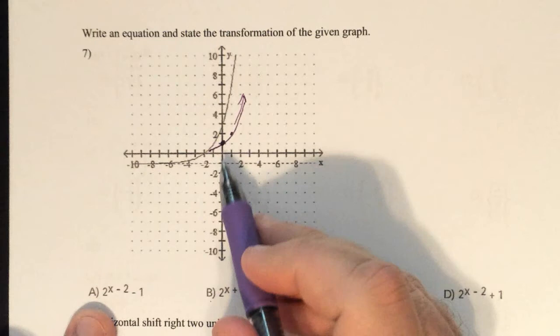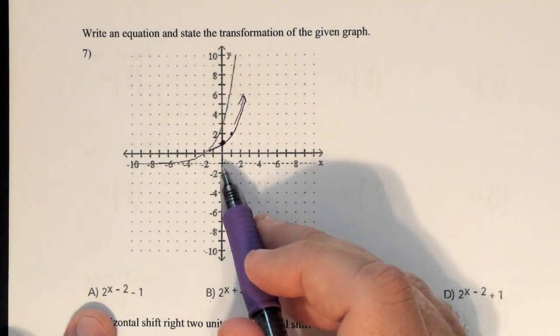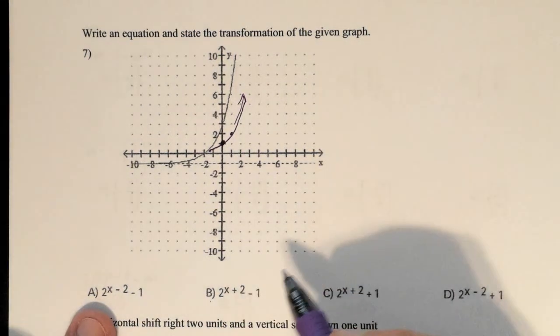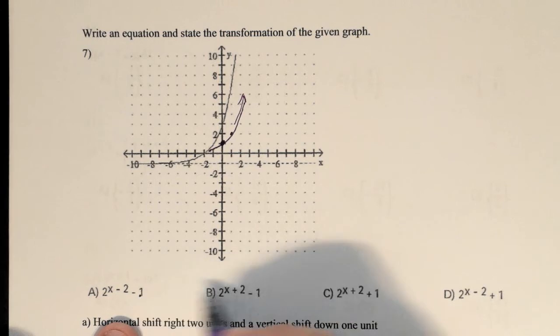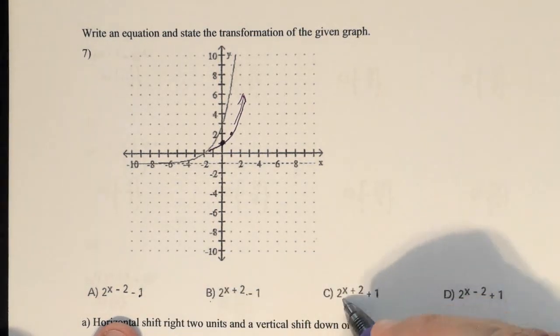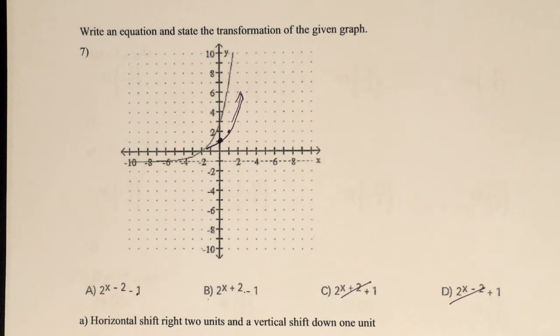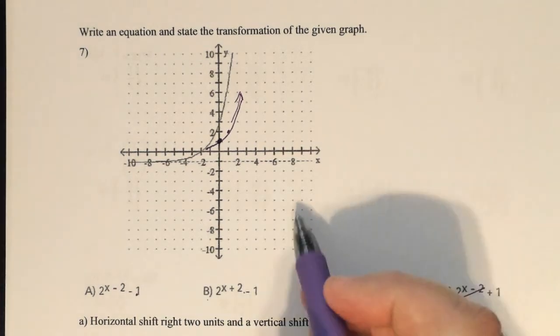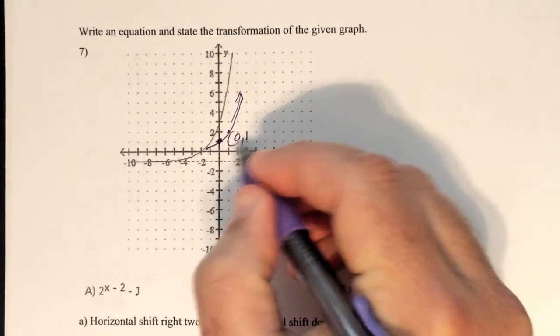Well, one of the things we should know is that the horizontal asymptote has moved down 1. So that means I'm going to have a shift down 1 no matter what. So there's your down 1 move, and these two are done. And did this move left or right? Well, if you look at it, (0, 1) is always a key point.